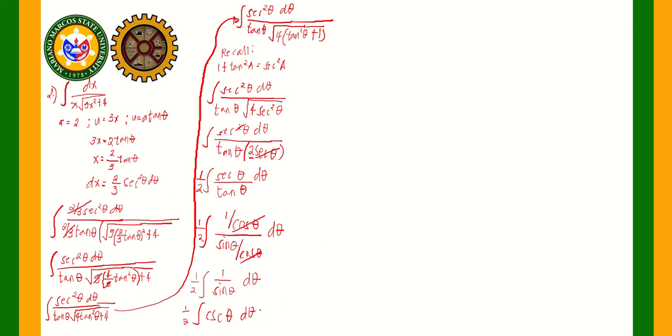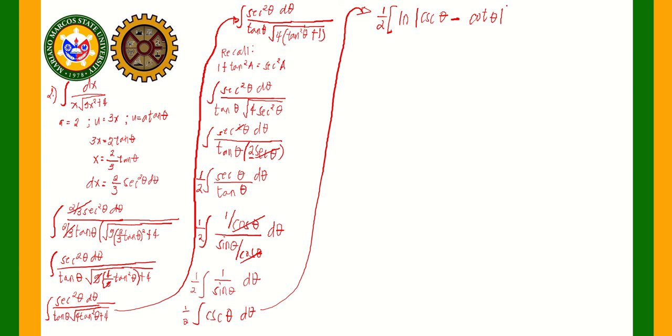Okay. So, yung integral ng cosecant theta natin is equal to 1/2 times ln of cosecant theta minus cotangent theta. And of course, plus C.